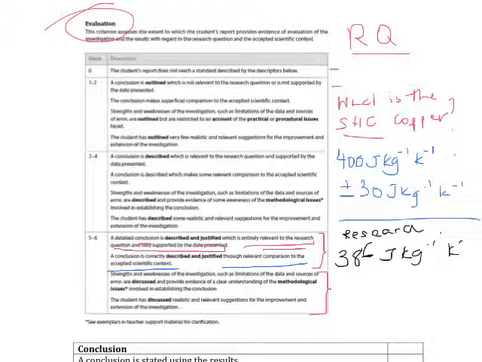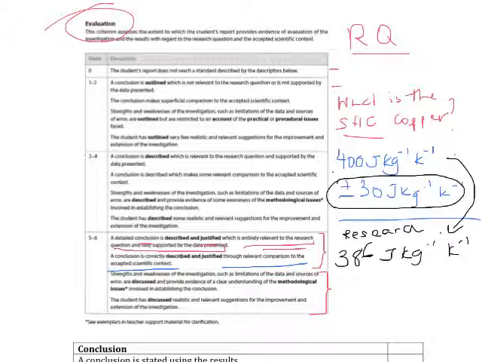Now, your value is similar, but you can say more than that. Your value is 400 plus or minus 30. If you take the minimum possible value for the specific heat capacity, it would be 370. If we look at the range 370 to 400, the actual value falls well within that.